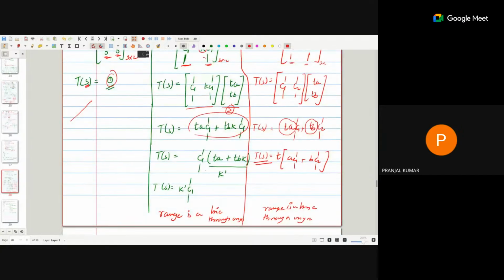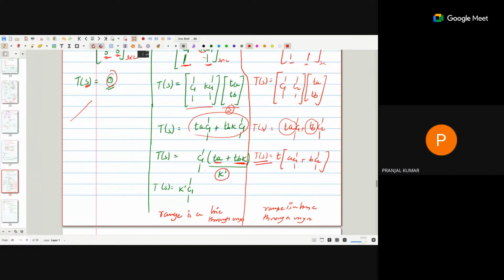Now what I will do? I will take C1 common, because vector is distributed over scalar addition, right? So C1 times (TA plus TBK). Now all these are constants, scalars. So I have replaced it as a different scalar, K dash.